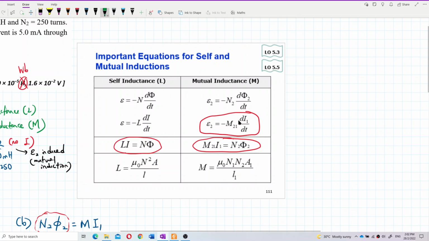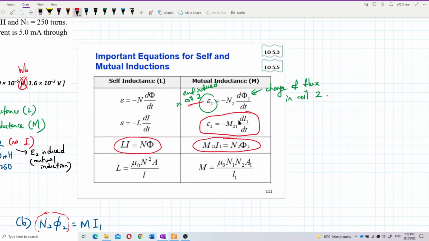EMF is induced in coil 2 because there is a change of flux in coil 2.